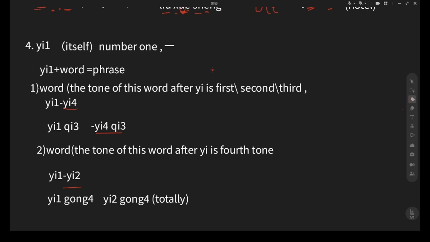When the tone is 1, 2, 3, then this 一 changes to 4, right? I try to remember it in this way, okay? When this word is 4, then we change 一 to 2, okay? I'll find the easy way to remember, okay?